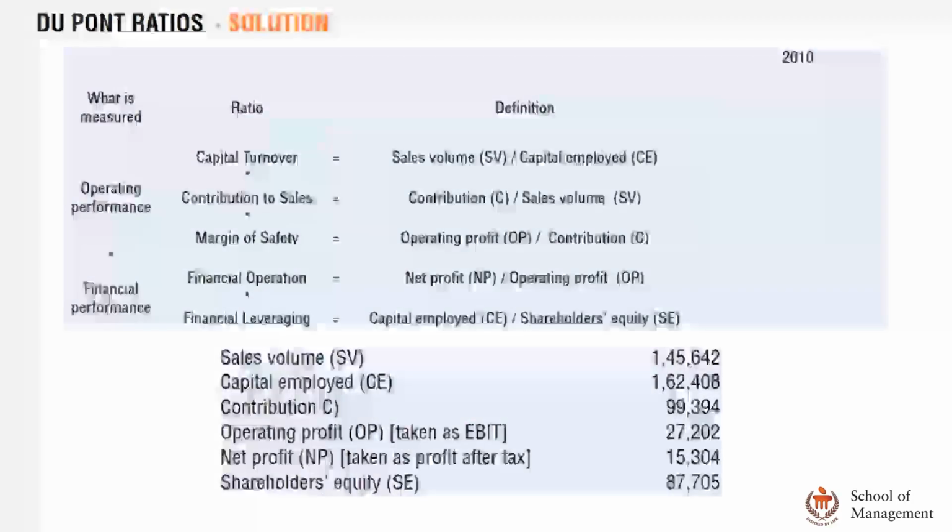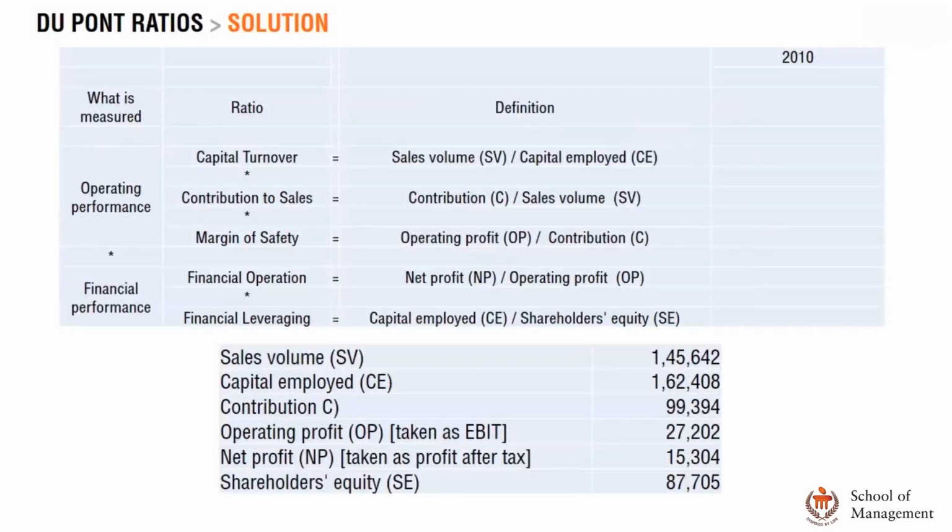The first ratio among the DuPont chart ratios is the capital turnover ratio, which is the sales volume per rupee of capital employed. To just give you an idea of how the working is done, let us take the year 2010. In the year 2010, the sales volume was 1,45,642 and the capital employed was 1,62,408.